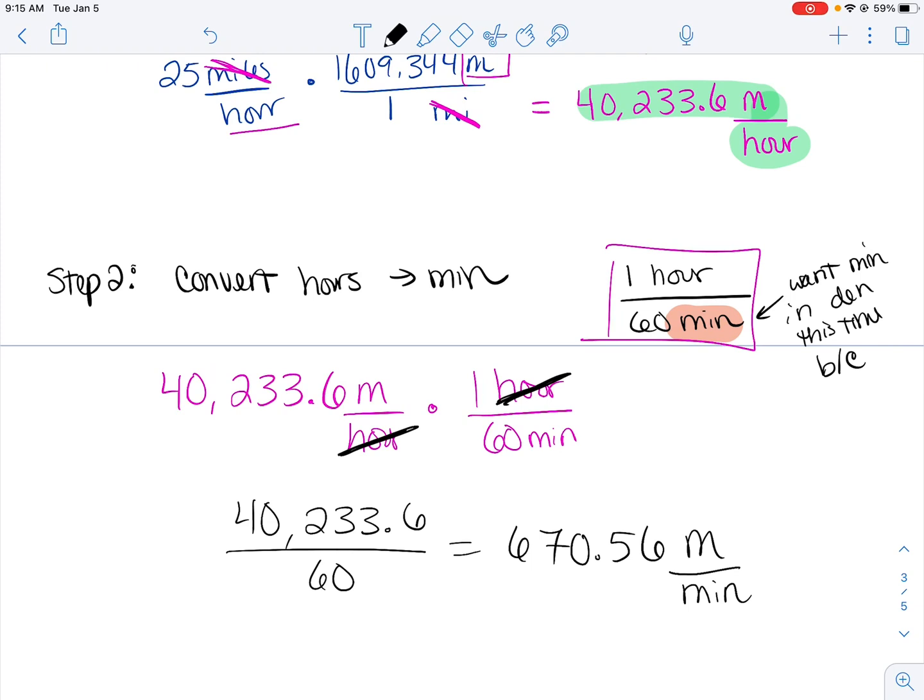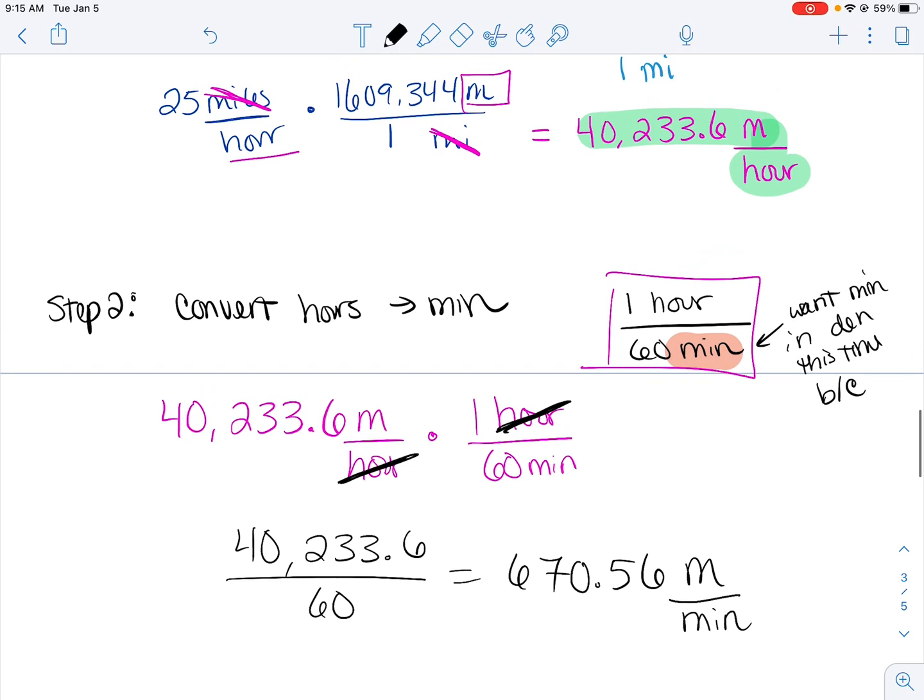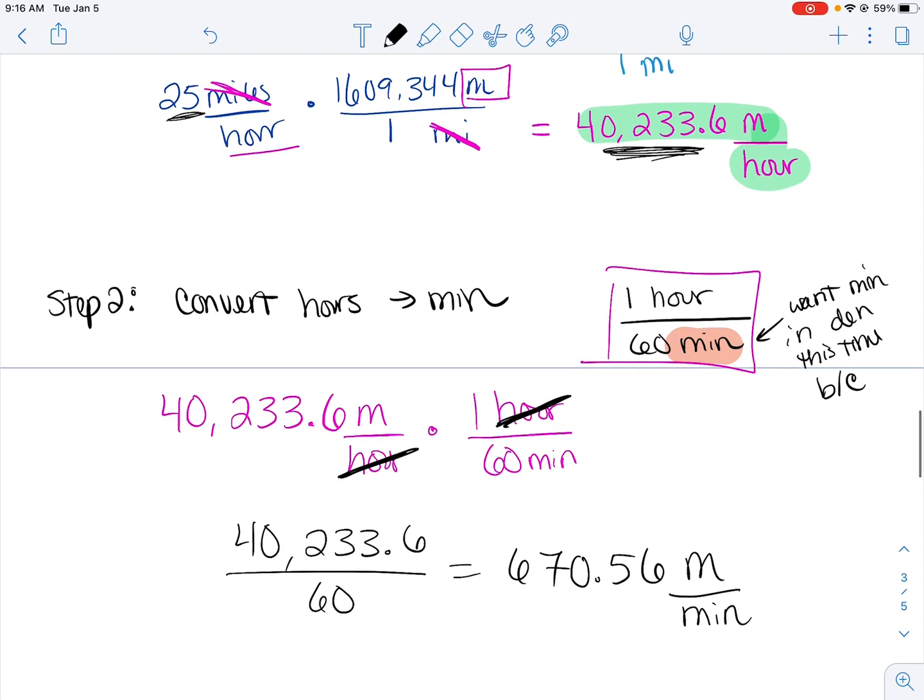So when you go from miles to meters, well, meters are a lot smaller than a mile. So having that conceptual understanding of how long or how large these units are is also helpful. It makes sense that there should be a lot more meters than there were miles, right? So that would be my final answer, but again, just doing it in 2 steps.